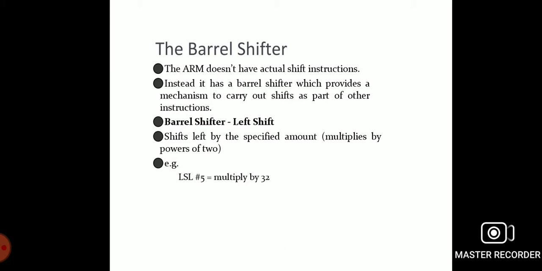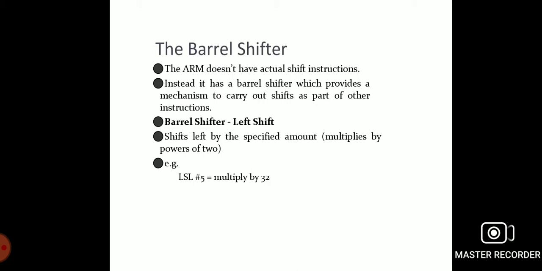So the carry flag register is logically shifted to the destination path. And also the barrel shifter right shift, that is the logical shift right, shifts right by the specified amount of values, that is we divide by a power of 2.